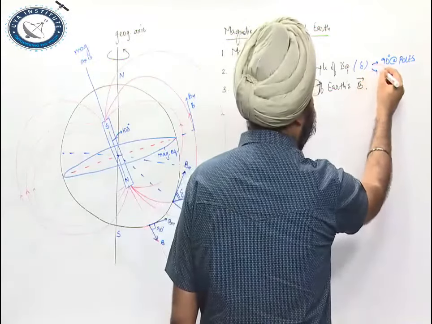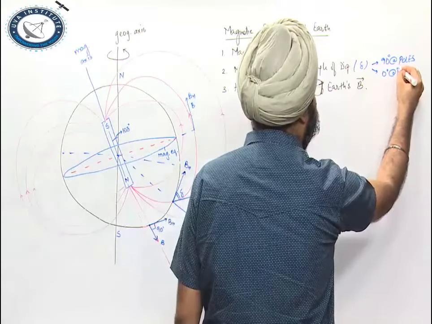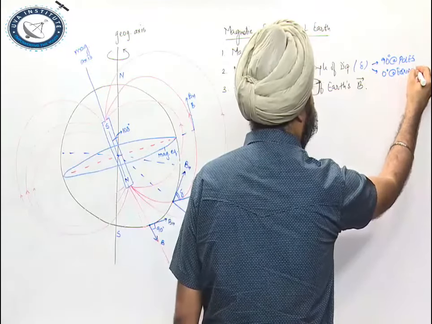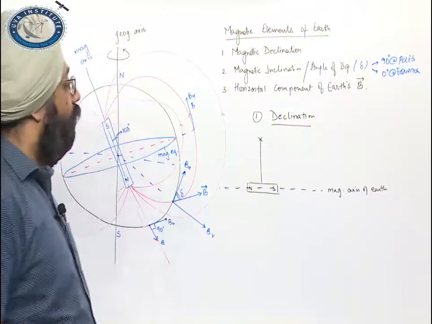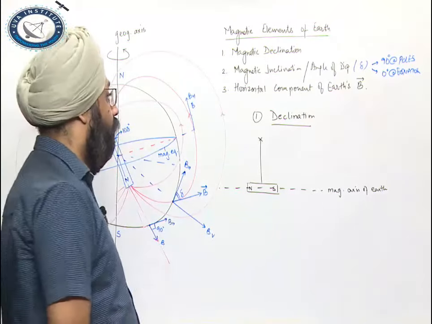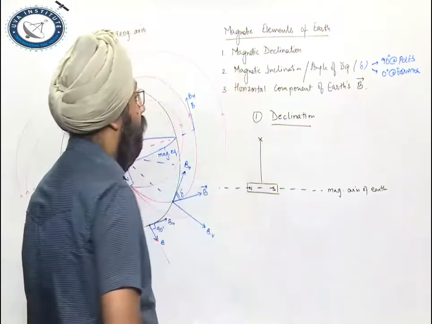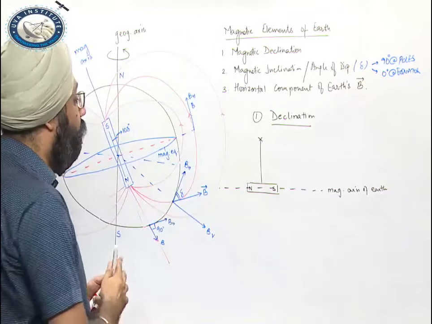So it is equal to 0 degree at equator. So two things we have cleared.